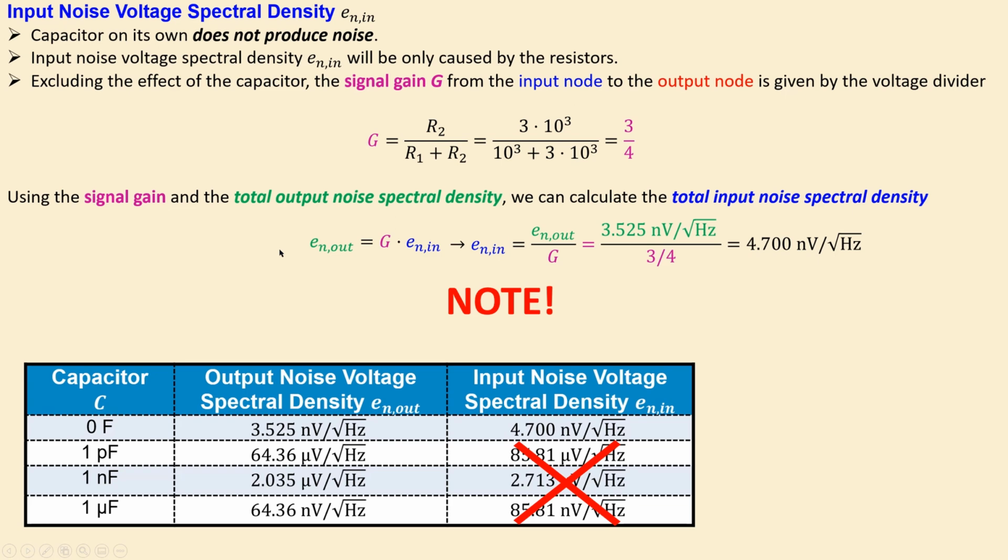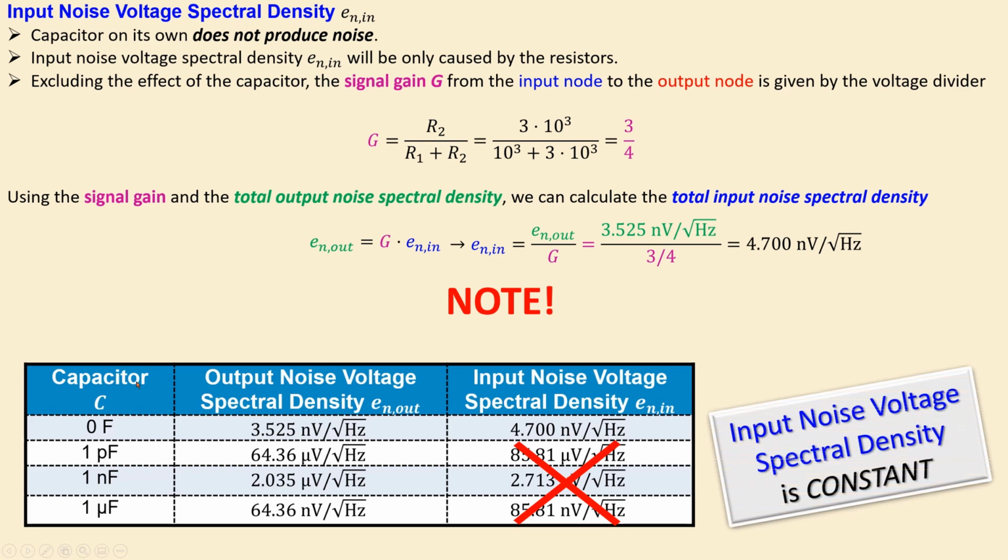That will be the case actually for all cases for the input. That means the input noise voltage spectral density will be constant, and that will be just 4.7 nanovolts per root hertz in this case. We will see that also in the simulation, so wait for that, such that you also see that in the simulation.